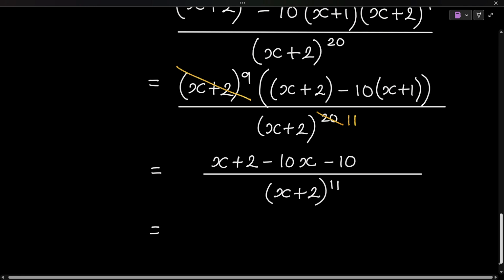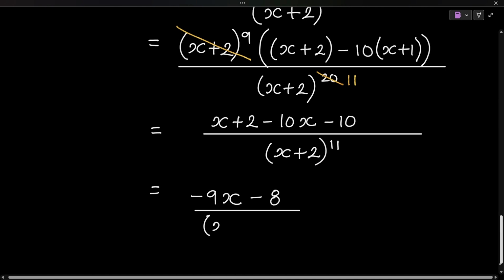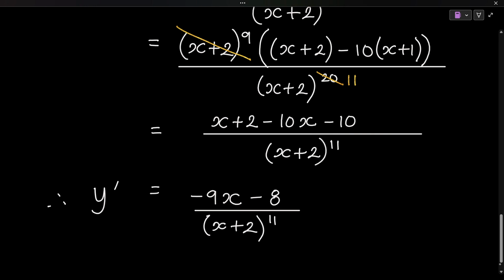We've got x minus 10x, which is negative 9x. And we've got 2 minus 10, which is negative 8. The denominator will stay as is. We cannot do anything with that. So this should be our final answer for y prime: minus 9x minus 8 all over x plus 2 to the power of 11.